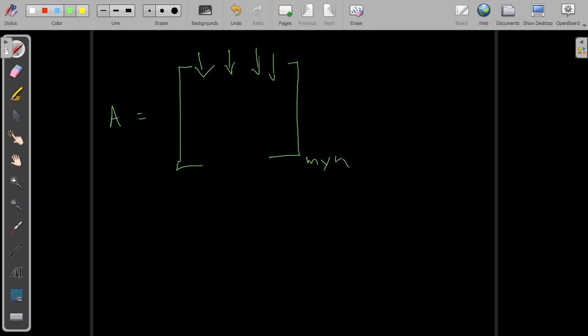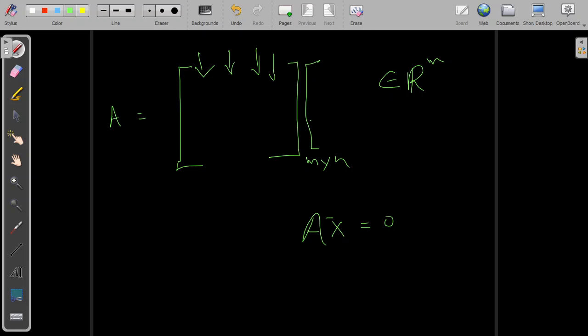It is an m by n matrix, and the number of rows equals the number of entries in a vector, that means it belongs to Rn. Then you have to solve A x equal to 0.